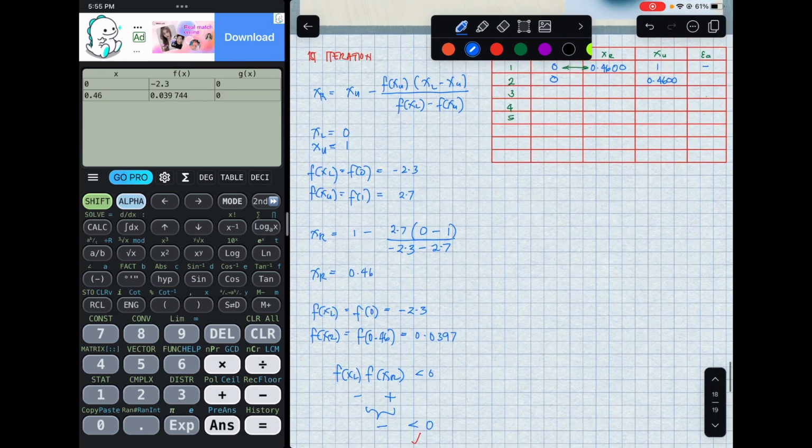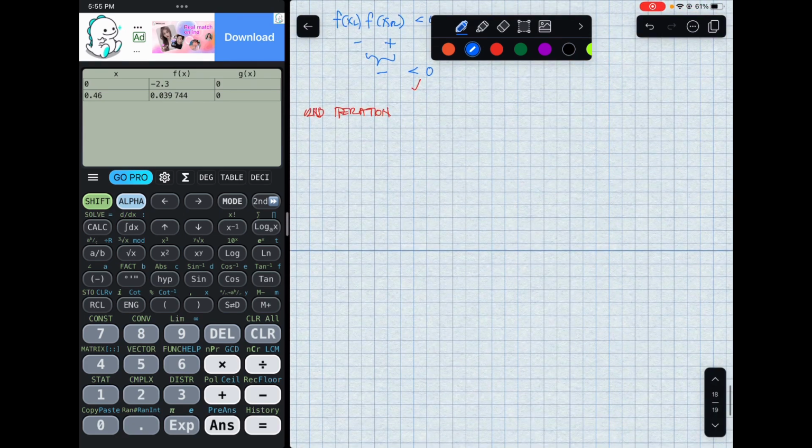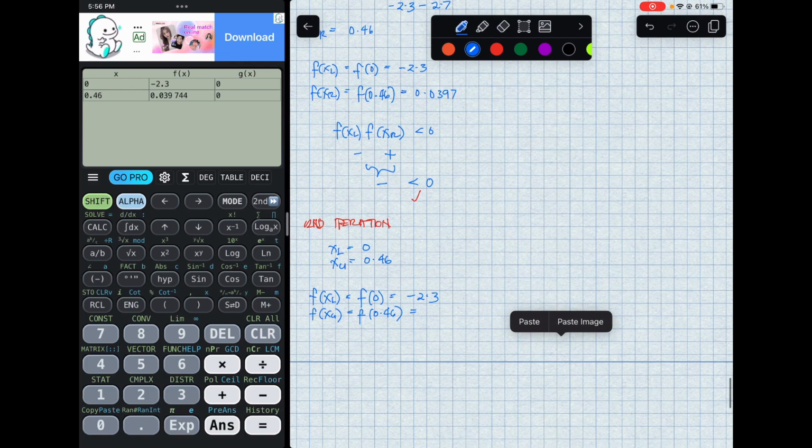We identify f of x sub L, or f of 0, which is negative 2.3, and then f of x sub u, which is f of 0.46, which we already solved.